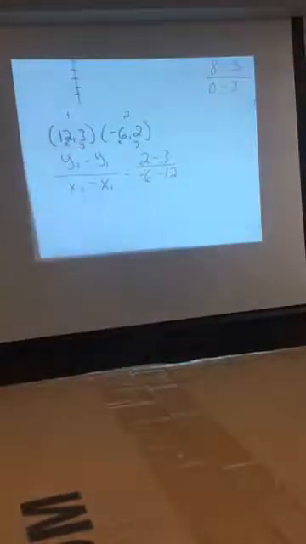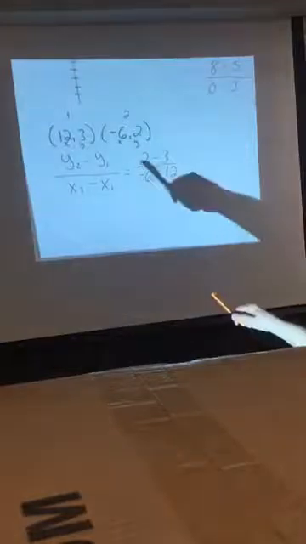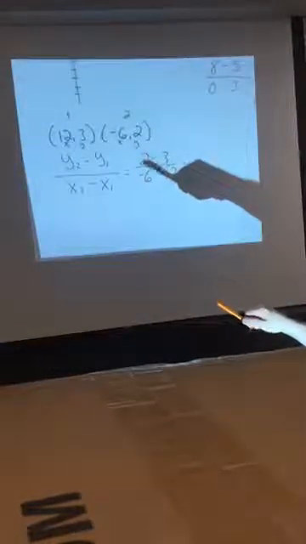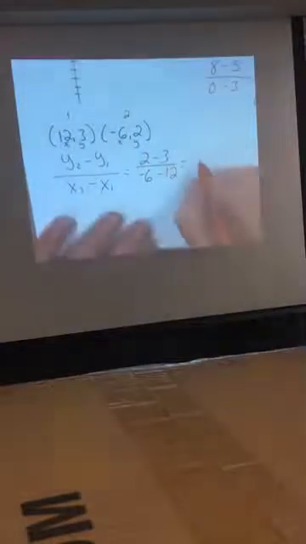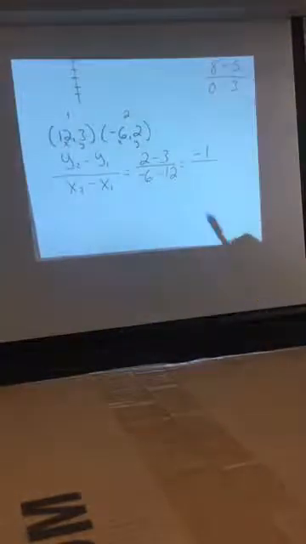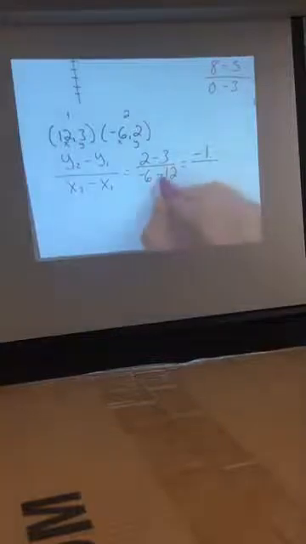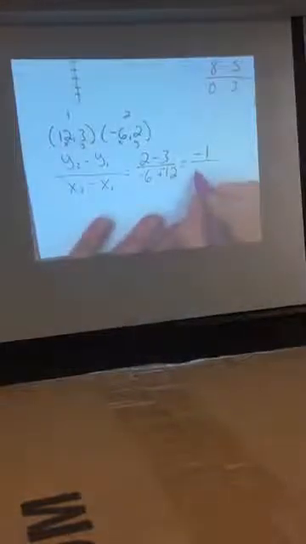Lots of negatives here, so be careful. So when I do my y2 minus y1, 2 minus 3 is negative 1. Negative 6 minus 12. Be very, very careful with your negatives here. Remember, negative 6 minus 12 is like saying negative 6 plus negative 12. All the way up to negative 18.